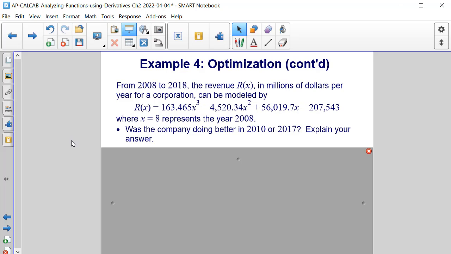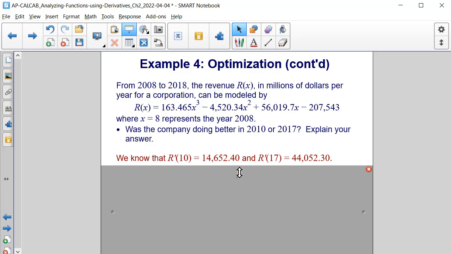And now we can answer the last question. Was the company doing better in 2010 or 2017? Explain your answer. Well, we know that the rate of change for the revenue in 2010 was $14,652.40.